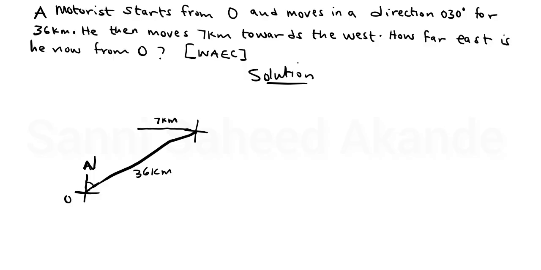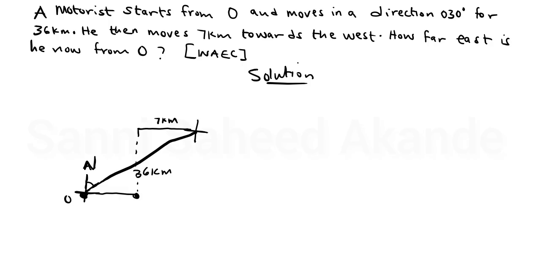Then how far east is E now from O? How far east? So meaning that from this point O and towards the east of point O, this is the east. So when you move from this point O towards this east to this point, then you trace it down. So this is where it is. So what is the distance between this place and this place? That is what they actually ask us to calculate.